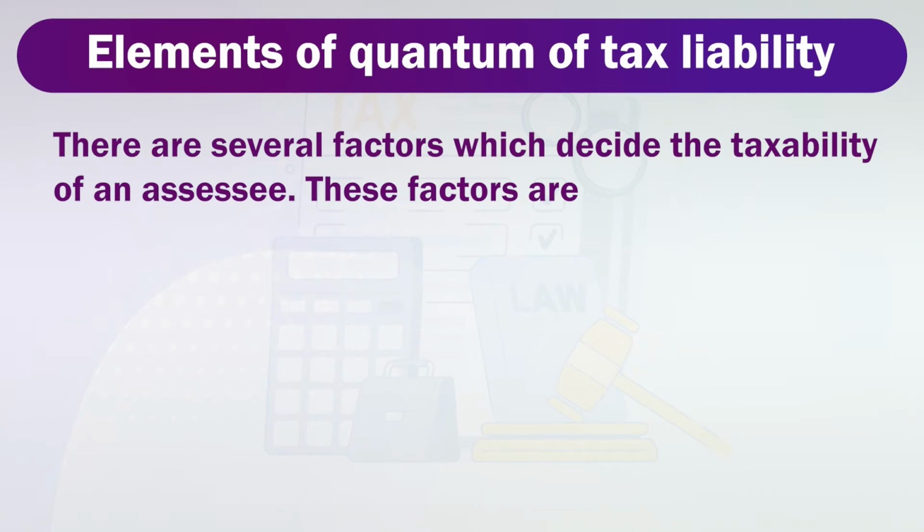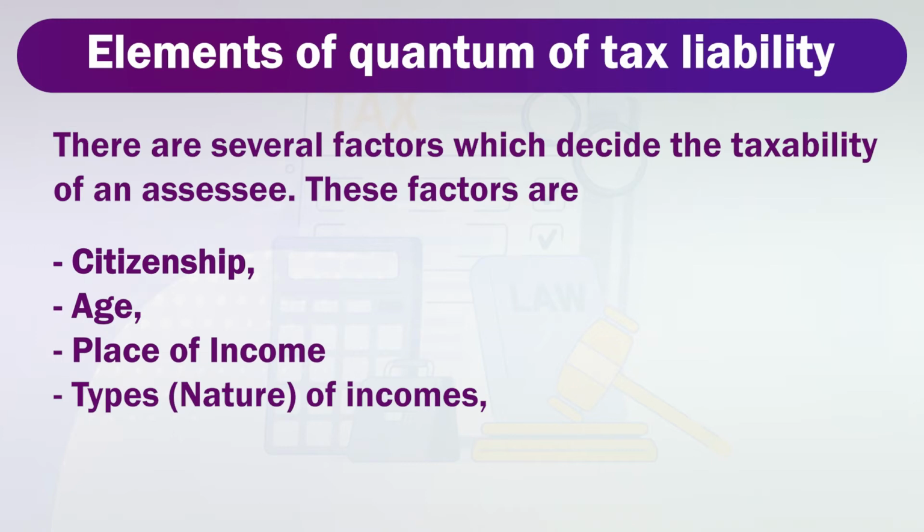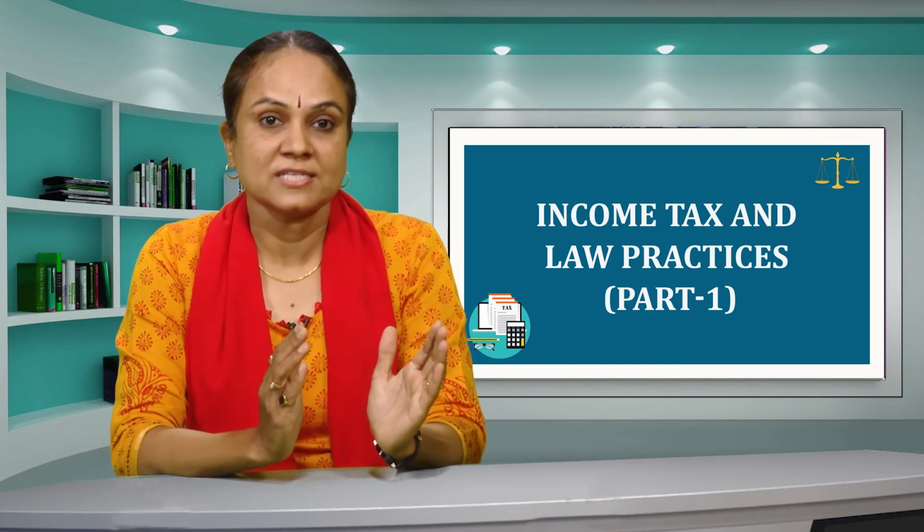These factors are citizenship, age, place of income, type or nature of income, assessment year, previous year, etc. Along with these factors, residential status is also one of the important factors. Residential status is basically dealing with the stay of the taxpayer in India.